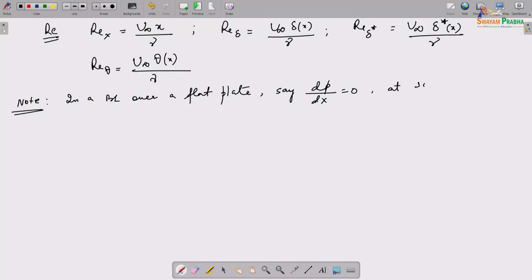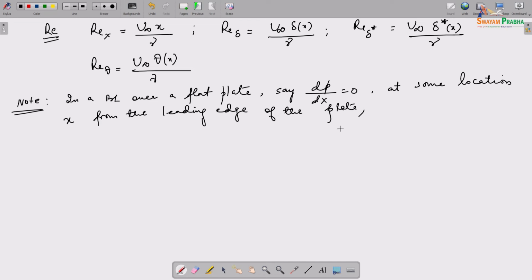At some location x from the leading edge of the plate, Re x is critical.